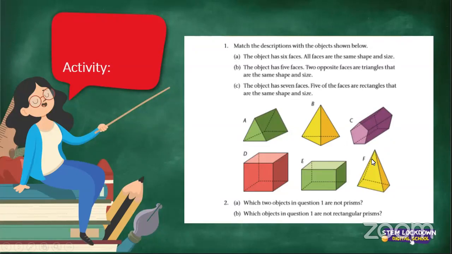They look like pyramids. Now we are on 2B: which objects in question 1 are not rectangular prisms?